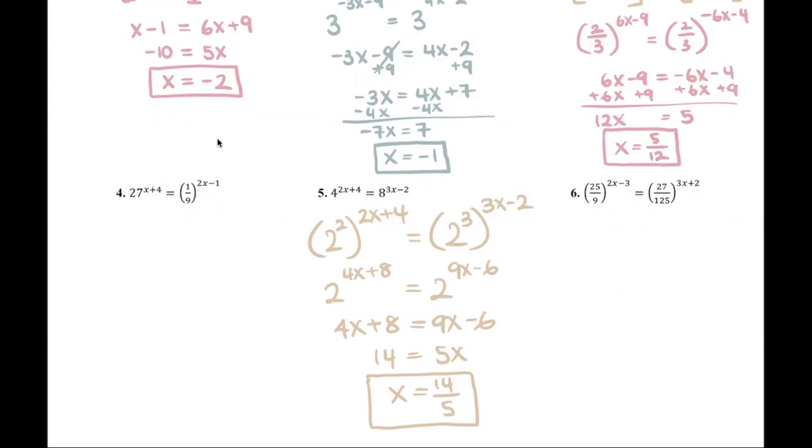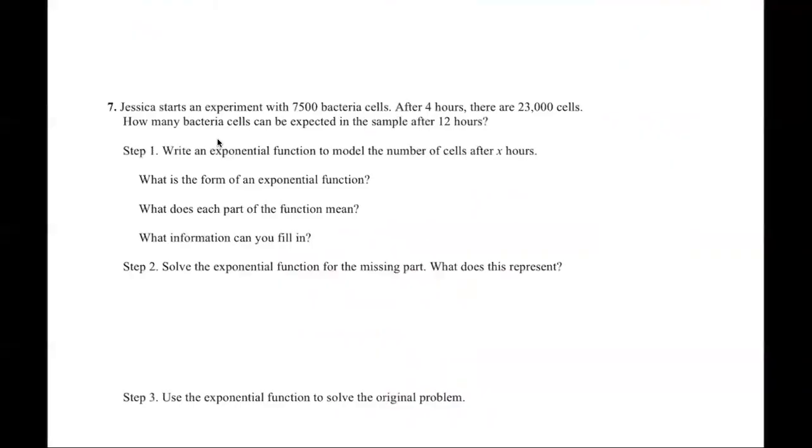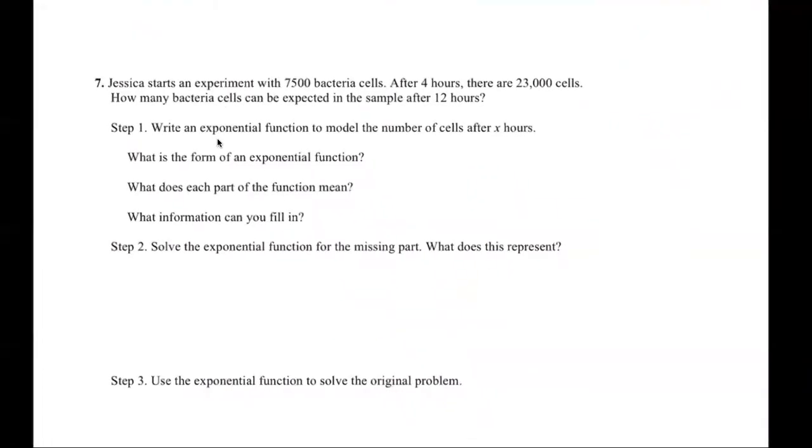Number 6, the answer was x is equal to 0. I'm not going to show this one unless you really need me to, because I want you to try to wrestle with it. But x is 0 is the correct answer. Great job. Let's flip to the back side and try out these word problems.